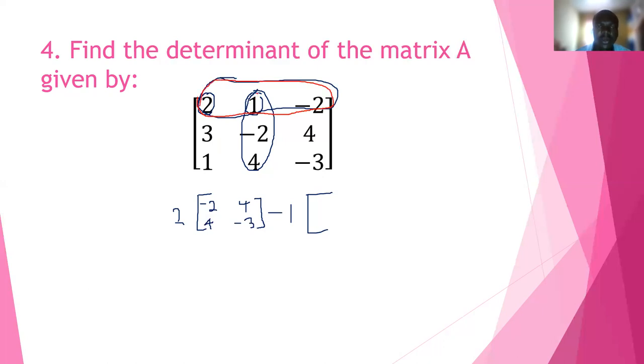So we remain with this, that. So it will be 3, 4, 1, negative 3.